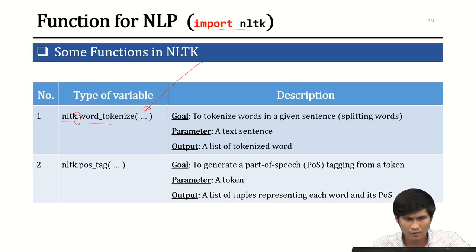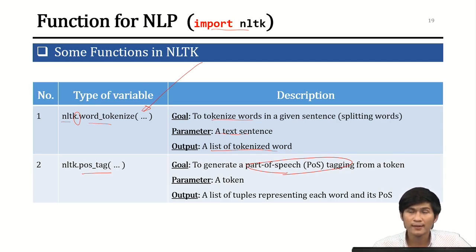What it does is tokenize words. It will split word by word for you. The parameter here is a text sentence, and the output is the list of words from this sentence. And pos_tag will generate part of speech tagging for you. But we have many other functions that we can use so that we can perform NLP tasks faster.